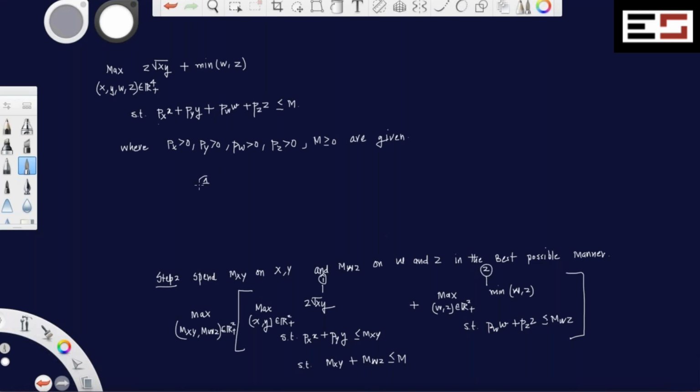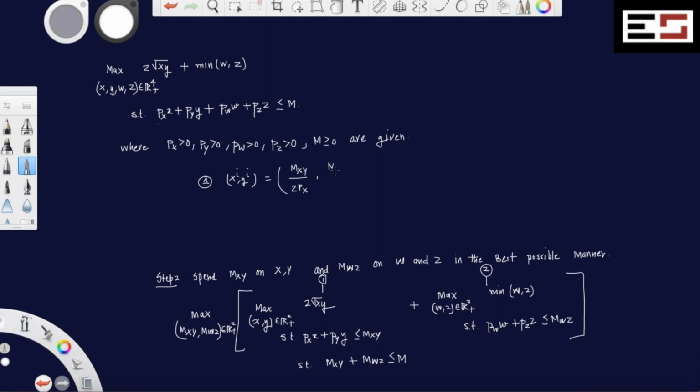So the solution to problem 1 is x, y, and let's call these intermediate solutions, because these are not the final solutions. So xI, yI is equal to mxy by 2px.